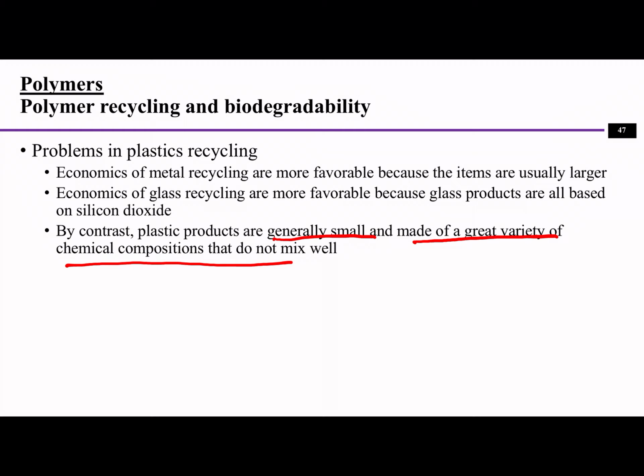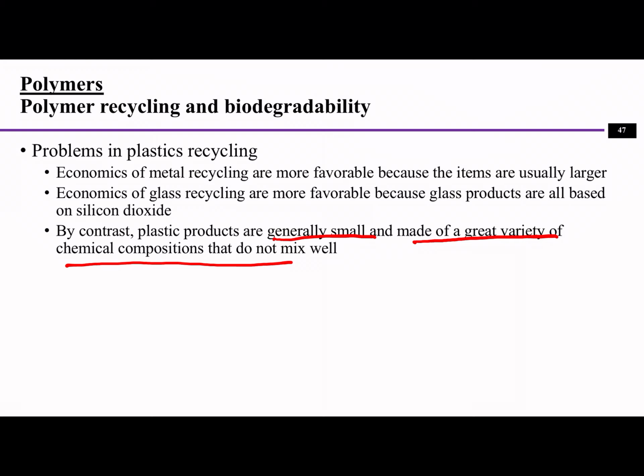But there are some efforts existing right now. For example, some plastics have been used to make construction materials, bricks or foundations, and also as fittings for some other structures. There are also some efforts trying to turn different polymers into very valuable products.